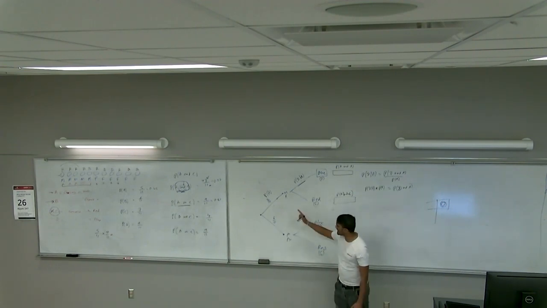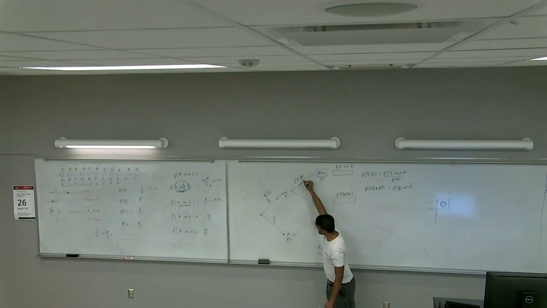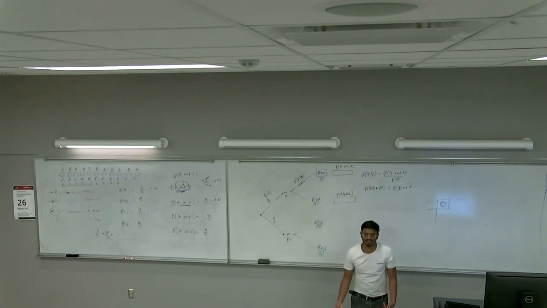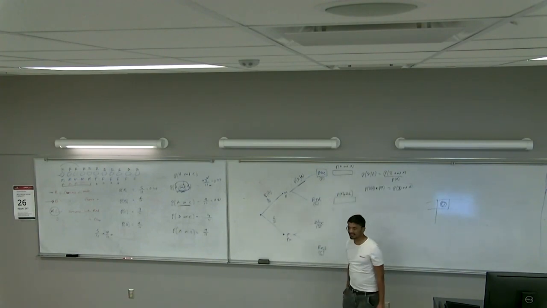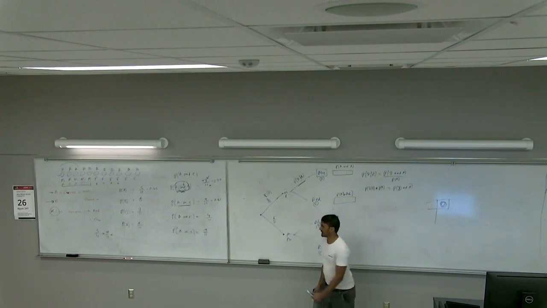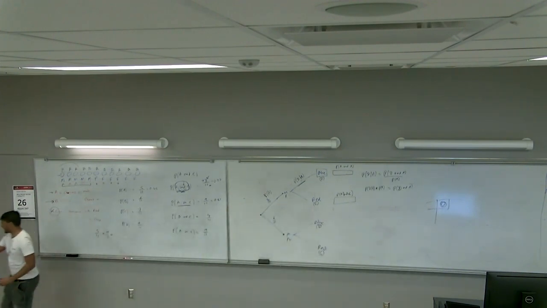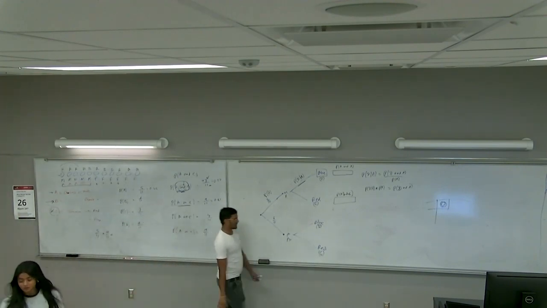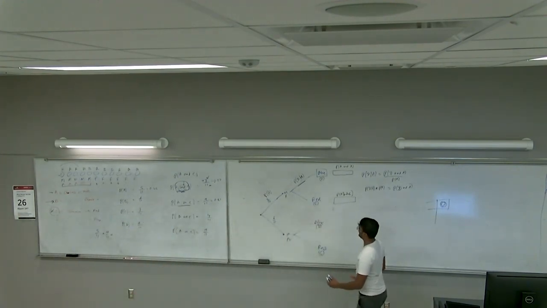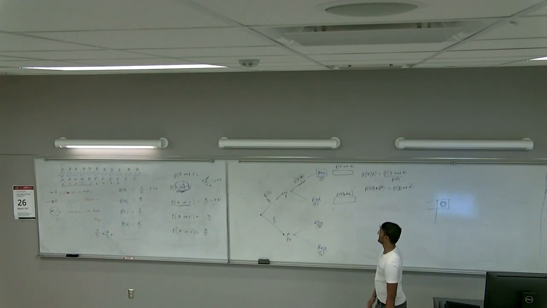But in the tree diagram, the values you have are the conditional probabilities, and by using these values, you have to calculate the AND term. So that's the main difference, and you should know how to deal with this correctly.